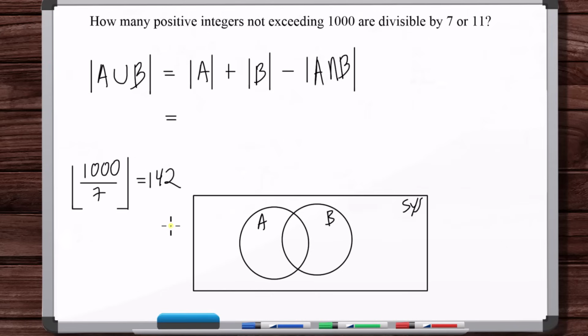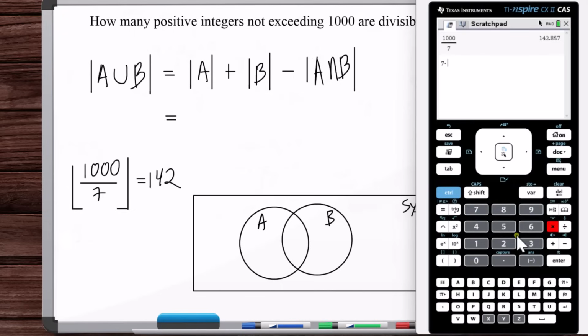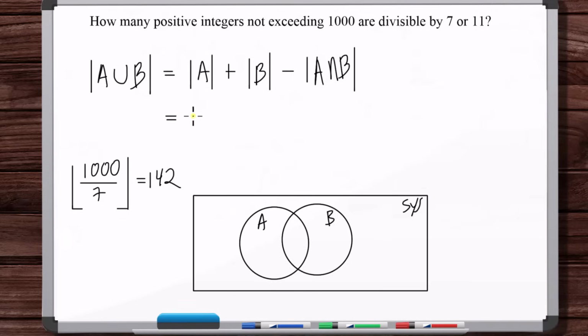And why does this make sense? Because if you're doing 7, 14, 21, 28, and you keep adding 7 all the way to 142 times, you're going to get all the way to 994. There's 142, but you can't add another 7. So, okay, we have 142 here.